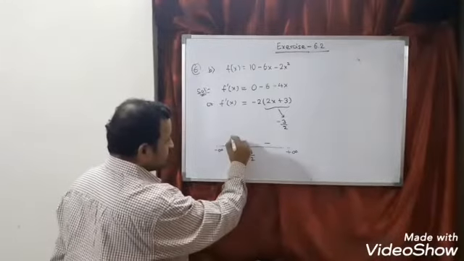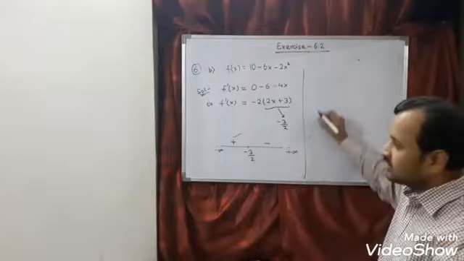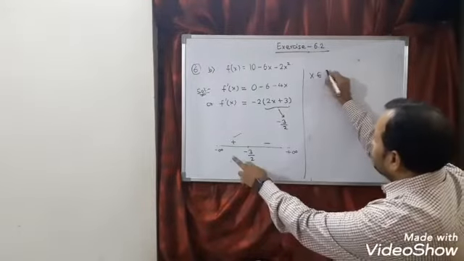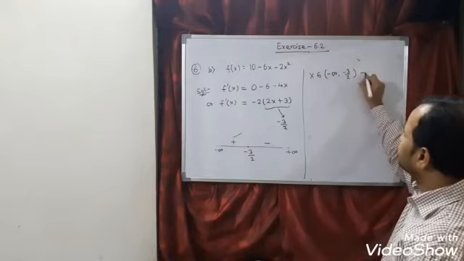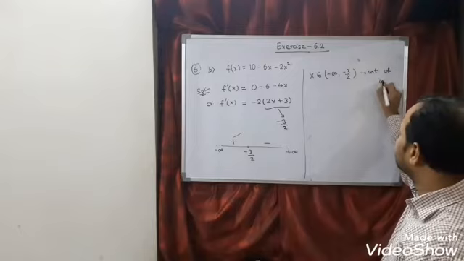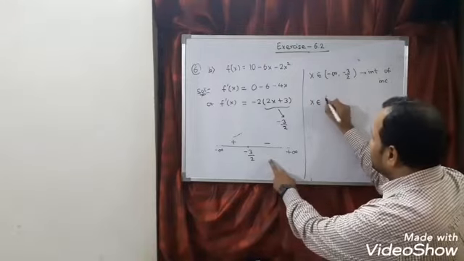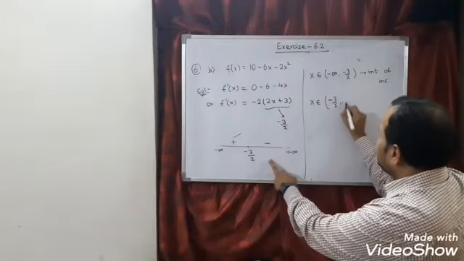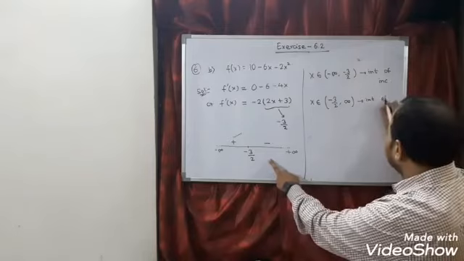So question is over. So x belongs to minus infinity to minus 3 by 2. This is nothing but interval of increasing. And x belongs to minus 3 by 2 to infinity. This is nothing but interval of decreasing.